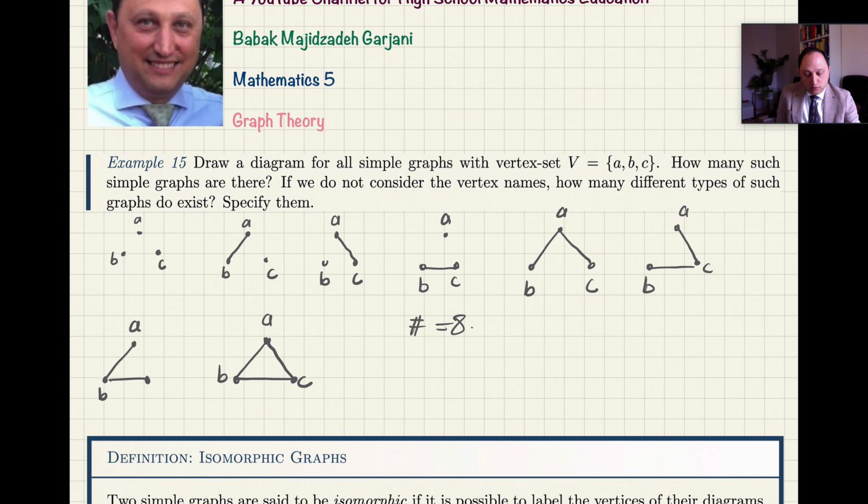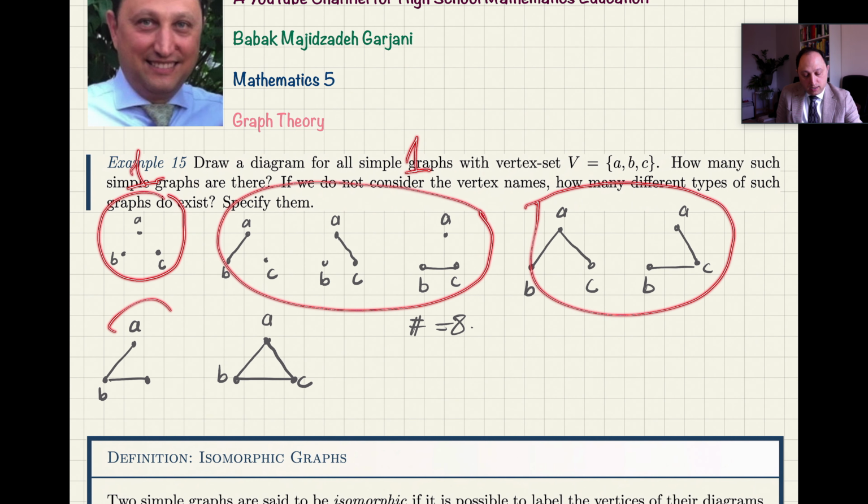I hope that you agree that if I remove these labels, there is no difference between a line segment and a dot in this way and in this way, because I can rotate, for example, this and make it like that. Yes, they are the same. So these fall into one category, so I will count them only once. Of course, this also should be counted once. And these 3 here and here only once, so up to here 3, and then here would be 4.